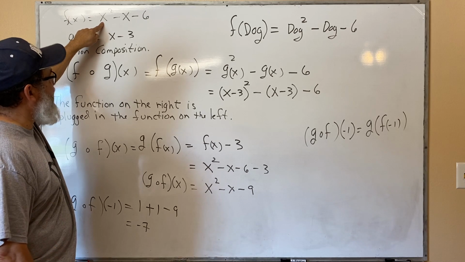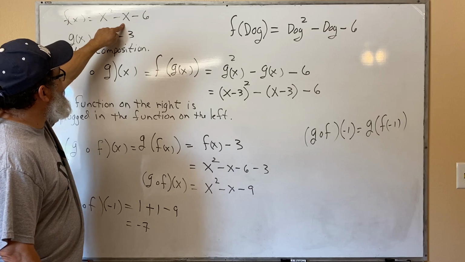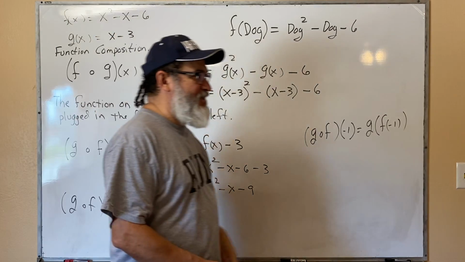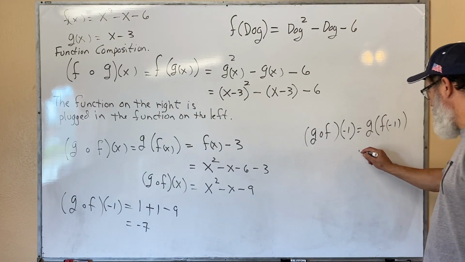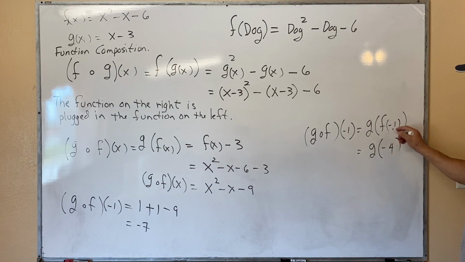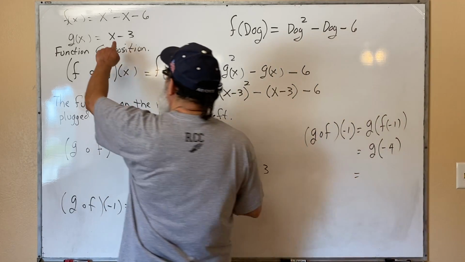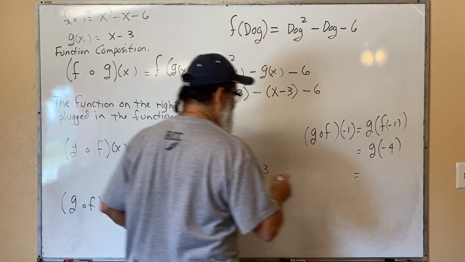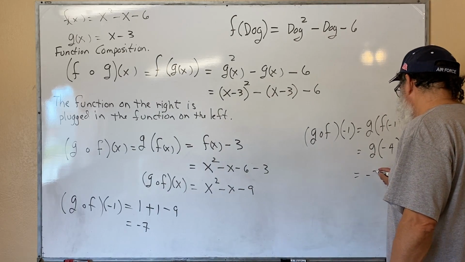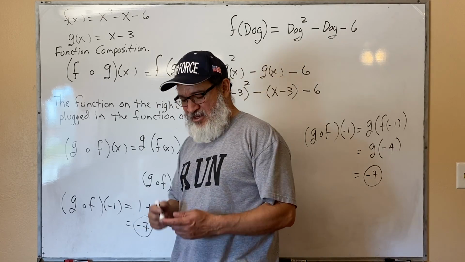Minus -1 is 2. And 2 minus 6, is that -4? F of -1 is -4. And now take this g, plug in -4 into g. What's -4 minus 3? -7. This and this are the same.